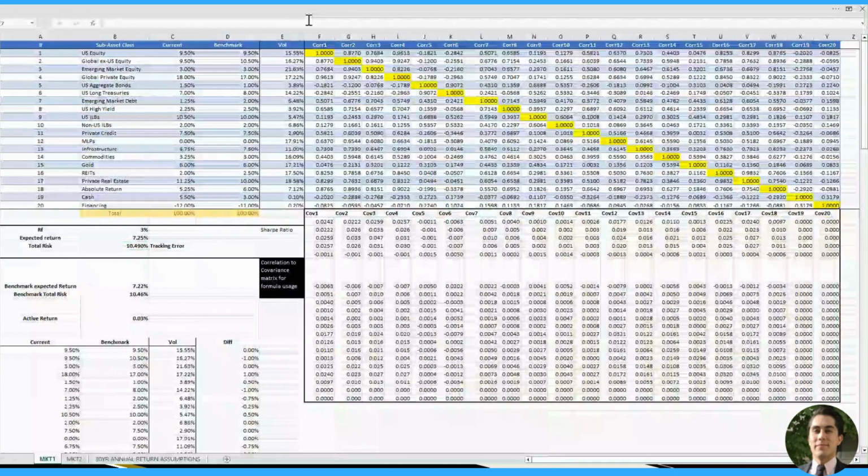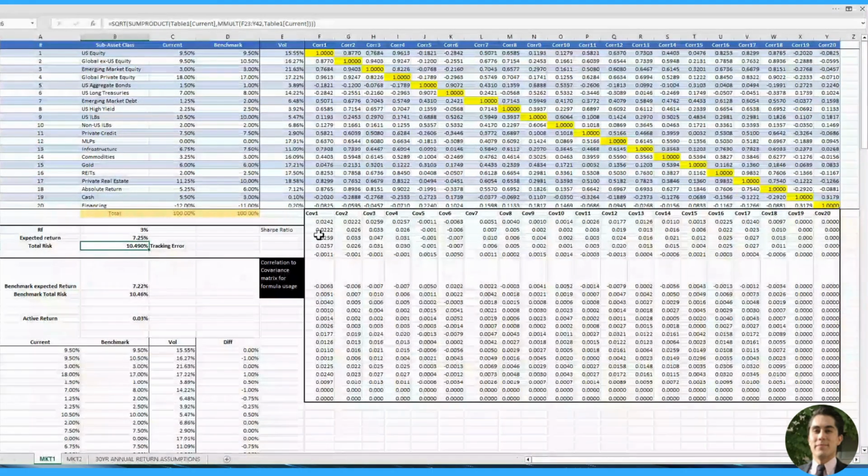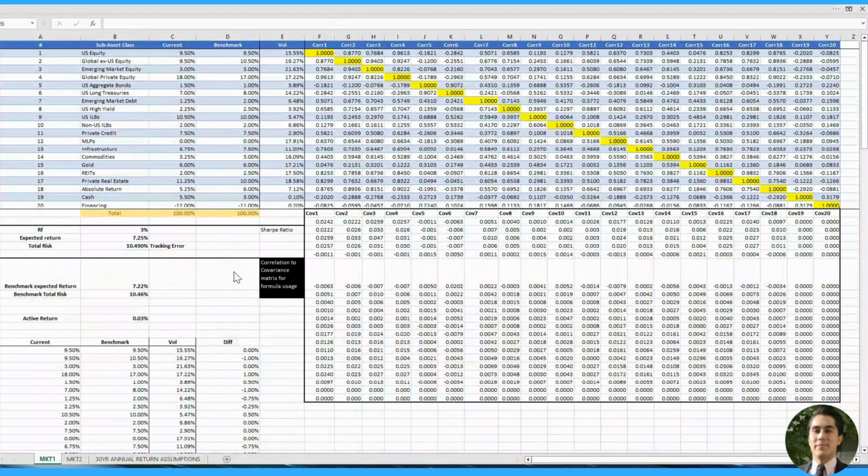That should be your standard deviation. 10.49 is what we get. So this is the total risk of our portfolio. See how important this covariance matrix is.